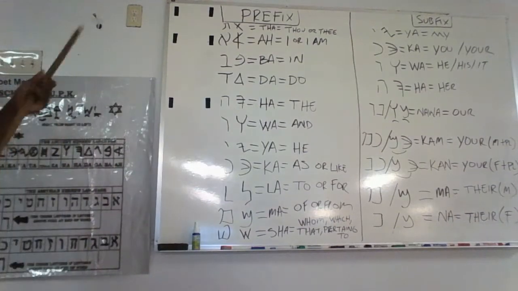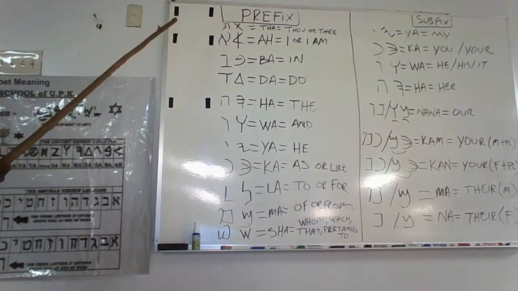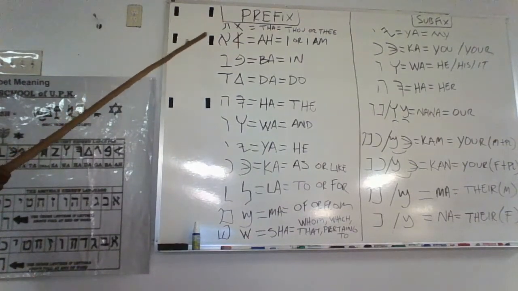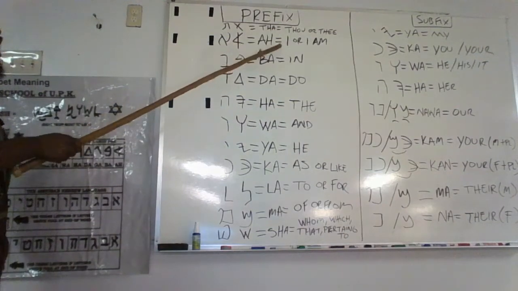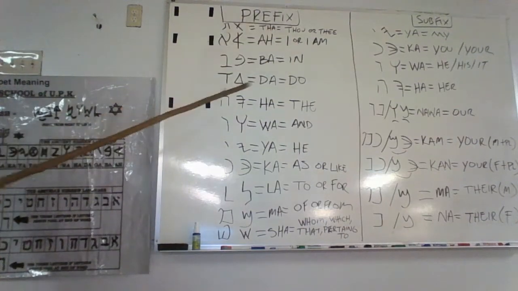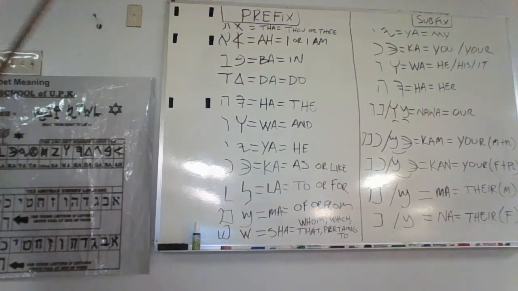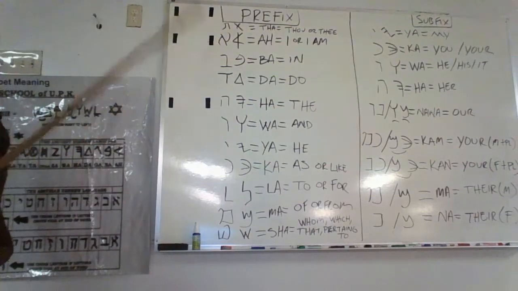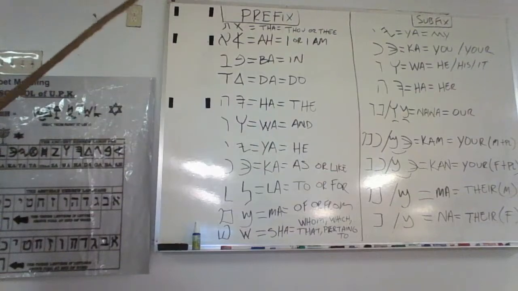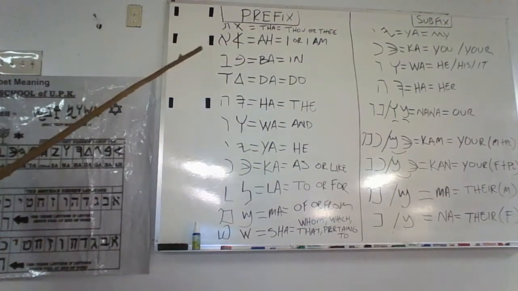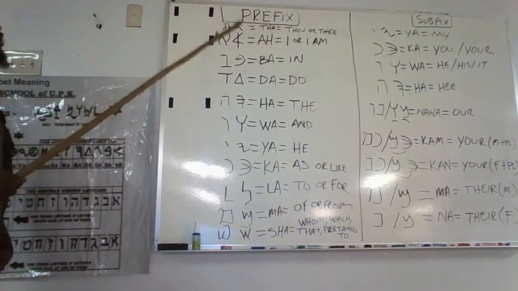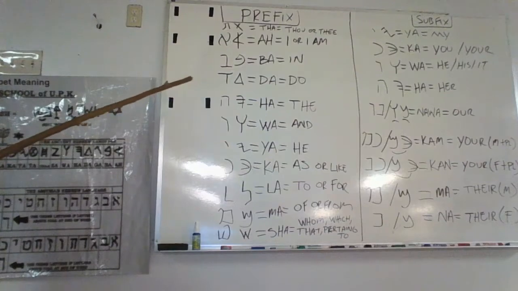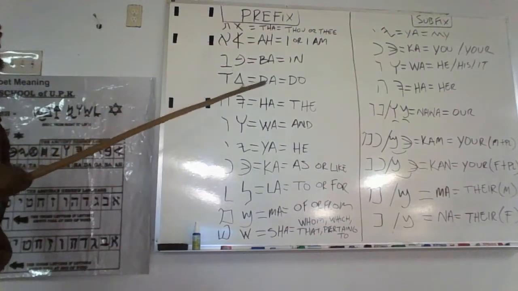All right. So prefixes: you have I, which is I or I am, when it starts off a word. We're just going to go through a quick run-through because we've got a lot to get into. Ba is in. Da is do.